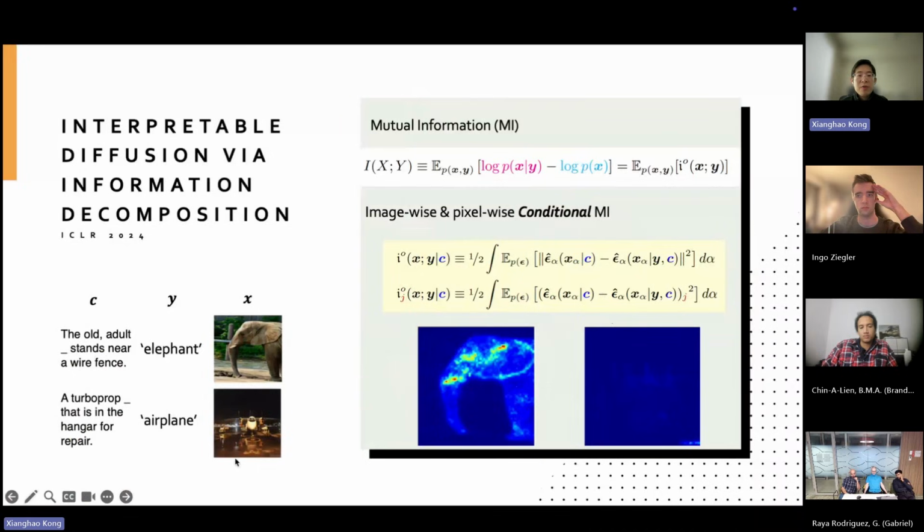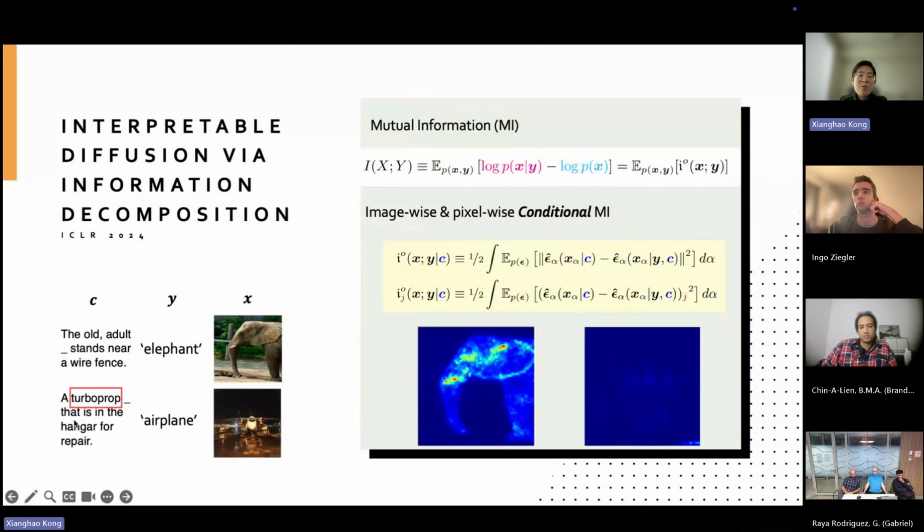But for the second one, we cannot see the airplane-related pixels anymore. So that's another question: what happened? When we go back to check the background or conditional prompt, we can see this background already contains a word like turboprop.